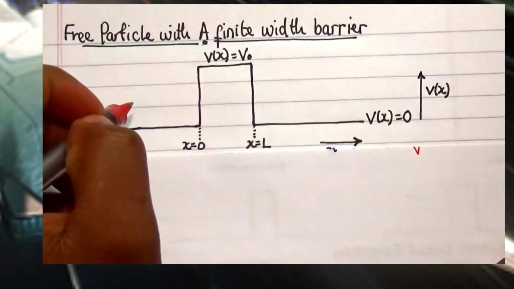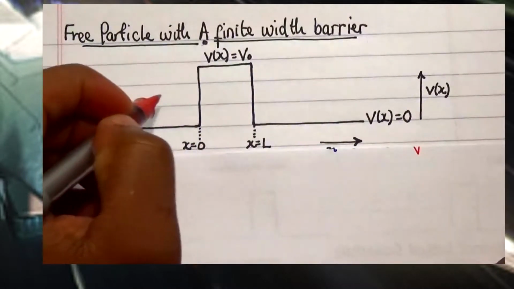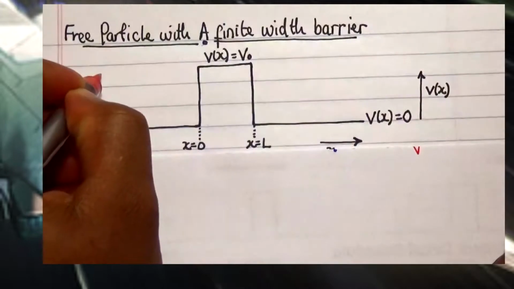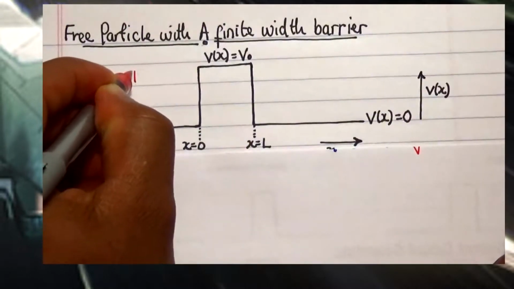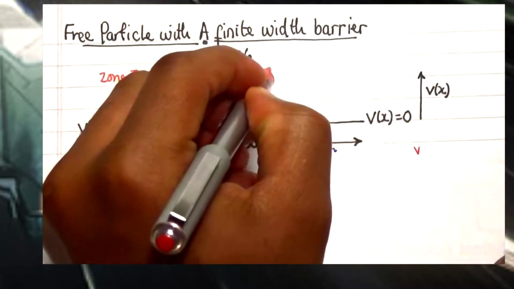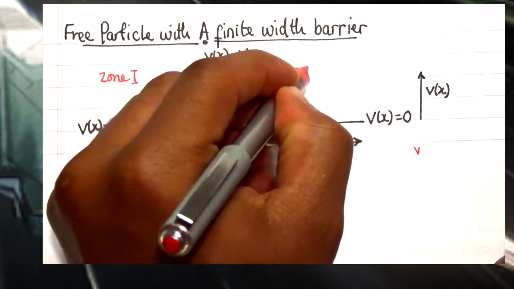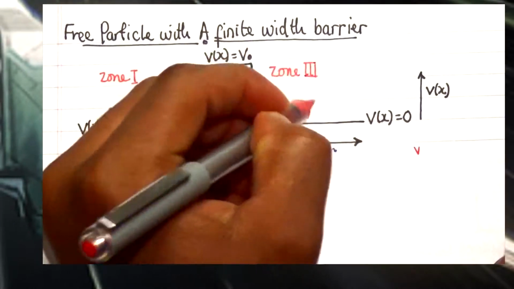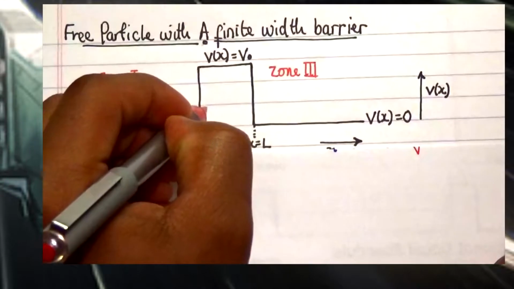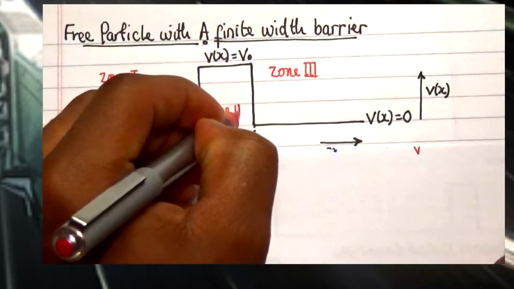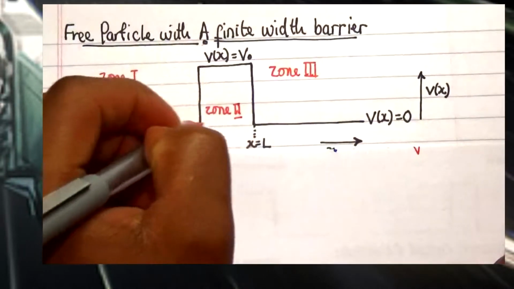Take note that we have three regions or three zones in here. We have zone 1 and zone 3, which are actually the same in this particular case. They are all free space. However, zone 2 is actually a barrier that you have to overcome.